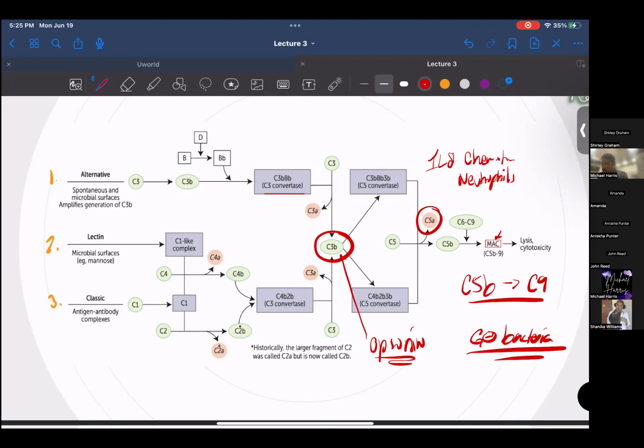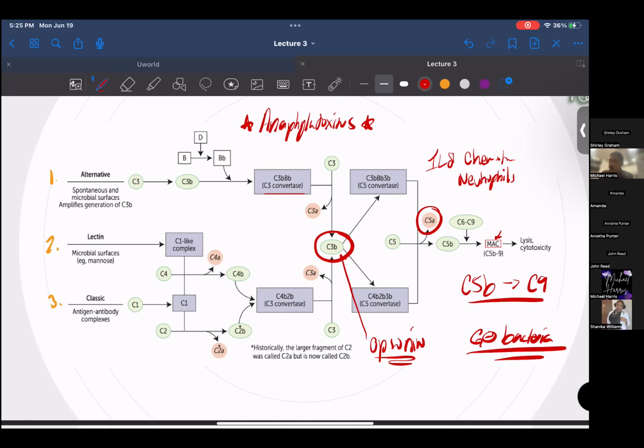Okay, great. So the last thing I want to talk about is what is known as anaphylatoxins. Can anyone tell me about what these guys are? Anaphylatoxins.